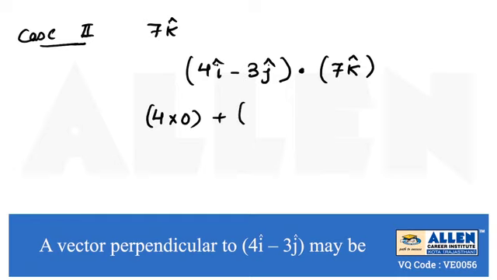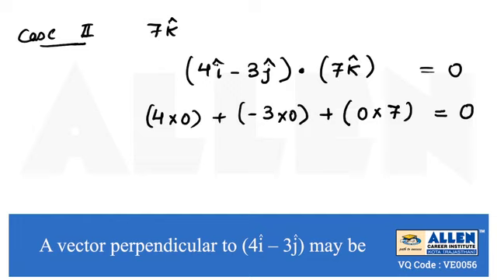Similarly, the coefficient of j cap is minus 3 and in the other bracket it is 0. The coefficient of k cap in the first bracket is 0, while in the other bracket it is 7. So the whole value will be 0, which means 4 i cap minus 3 j cap is perpendicular to 7 k cap.